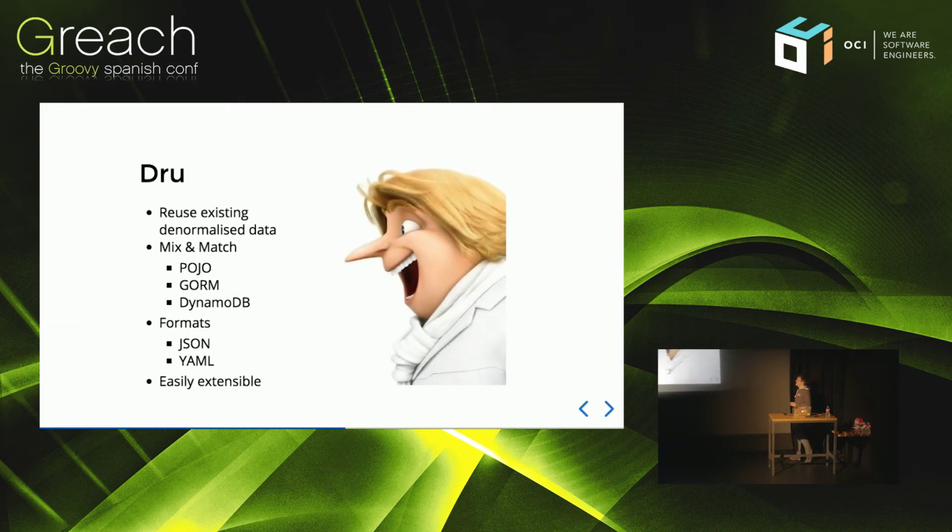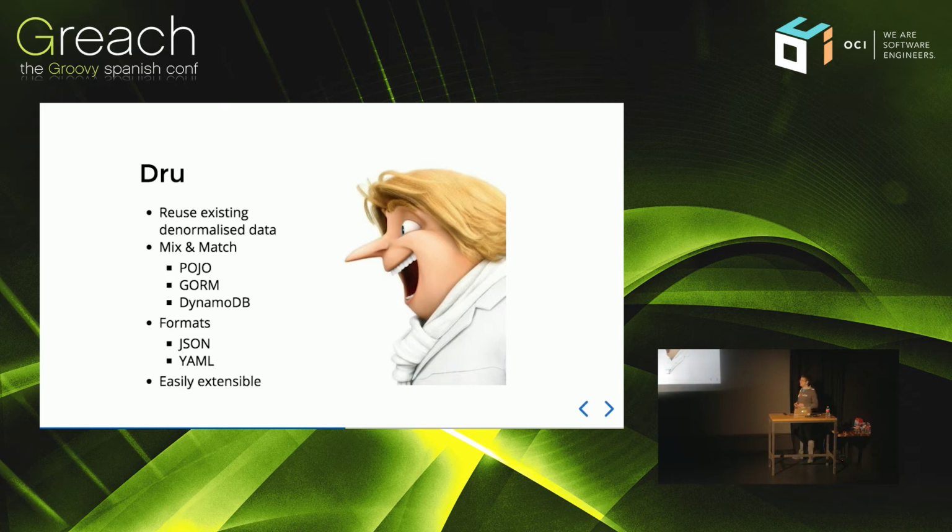Okay, so that's all from Drew. Drew is a way to reuse existing normalized data, which is usually JSON. It could be YAML. You can easily write your own parsers, and you can mix and match things like GORM entities, and things like DynamoDB.